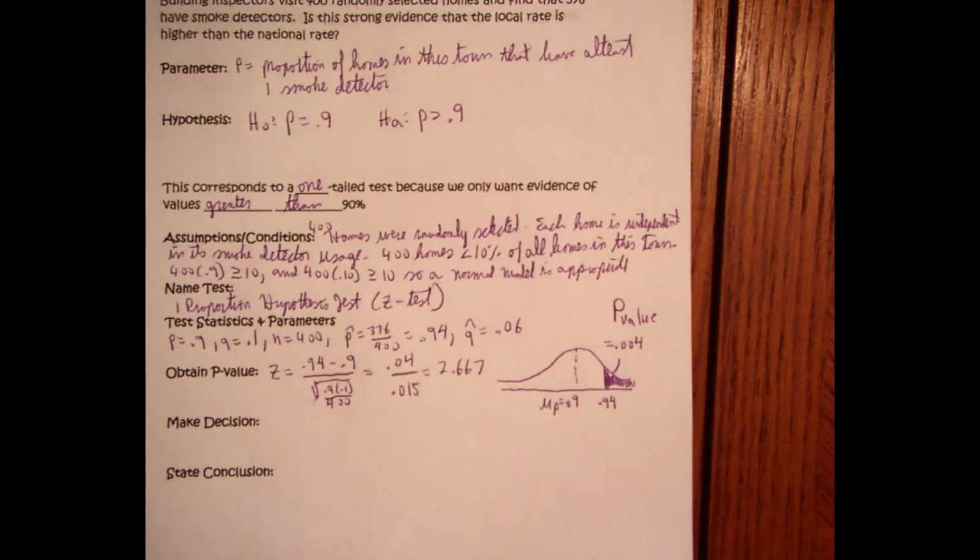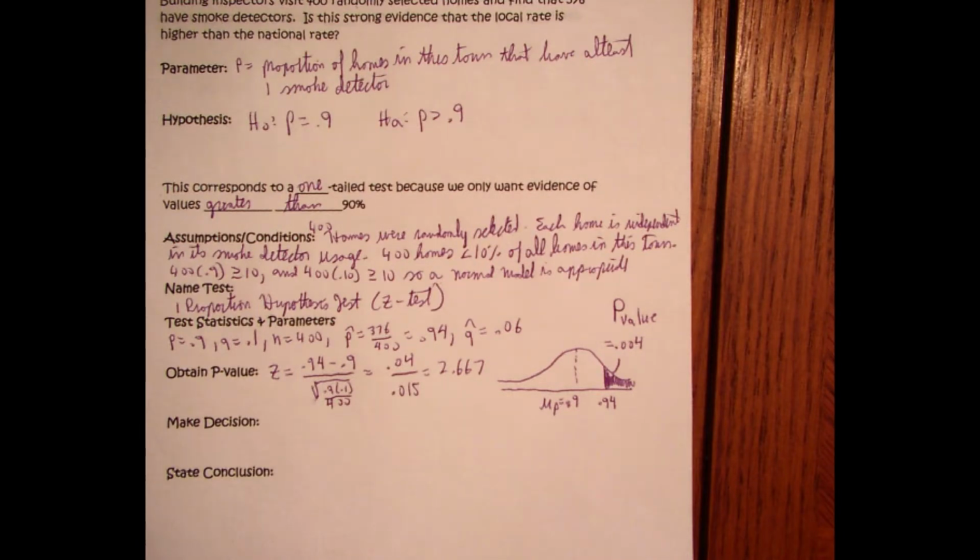Now I compare that to 0.05. 0.004 is much less than 0.05. 0.05 is 5%, 0.004 is 0.4%.